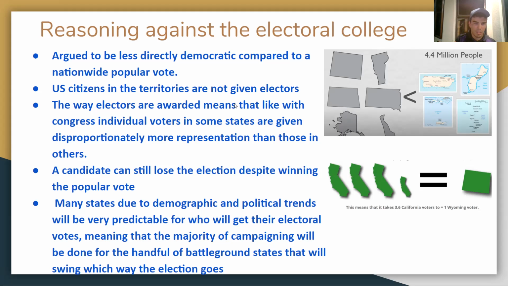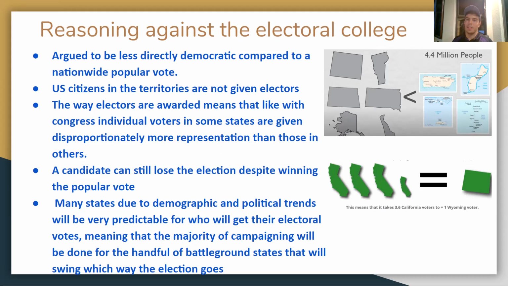So the way that electors are awarded means that, like with Congress, individual voters in some states are given disproportionately more representation than those in others. So think about it. Every state gets 2 senators and at least 1 representative, right?